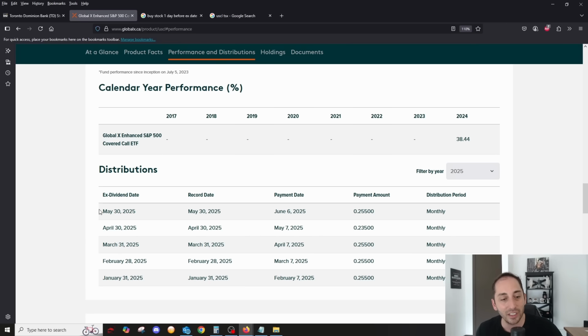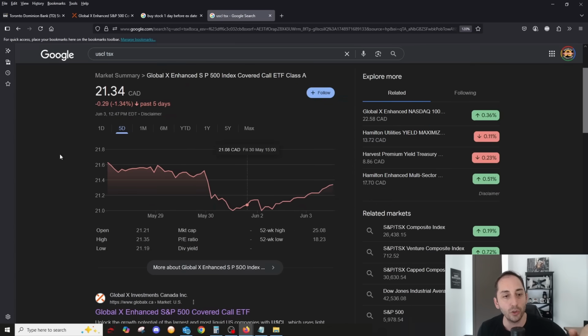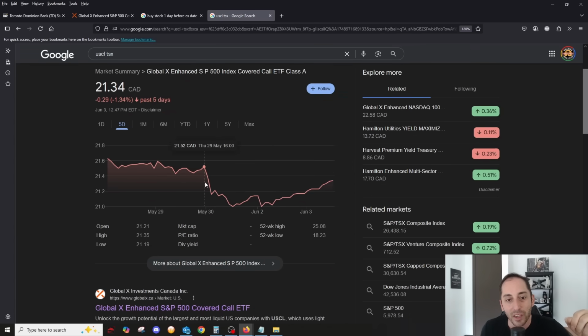Because on the ex-dividend date, they're taking 25.5 cents out of the stock price, or the correct term, out of the net asset value of the fund, to give to the shareholders on June 6th. If you look at the USCL stock chart on May 30th, you'll see a drop from the 29th to the 30th.